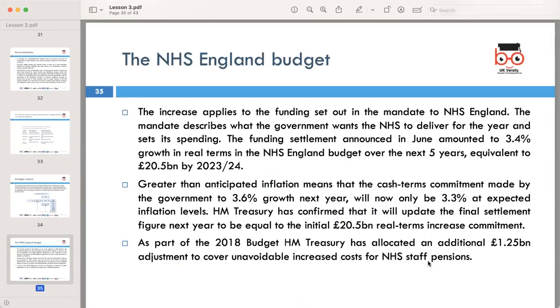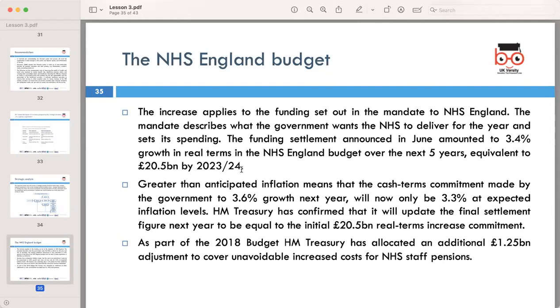NHS England budgets. In the healthcare sector, the England budget plays a significant role in shaping the strategic direction of organizations. The funding settlement for NHS England announced an increase of 3.4% in real terms over the next 5 years, equivalent to 20.5 billion by 2023-24.